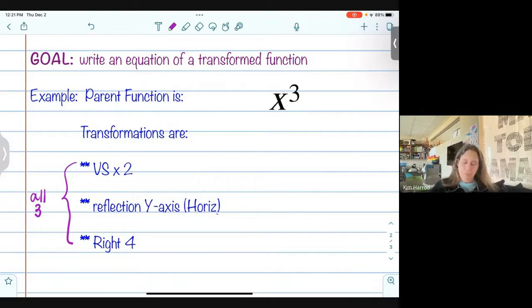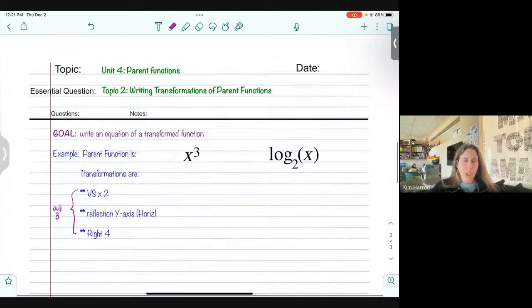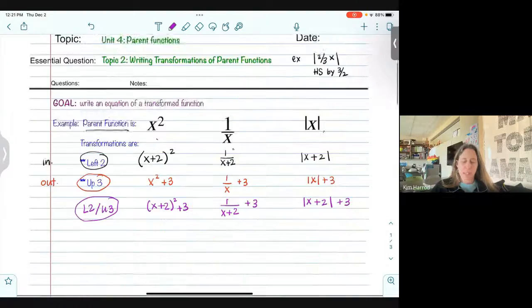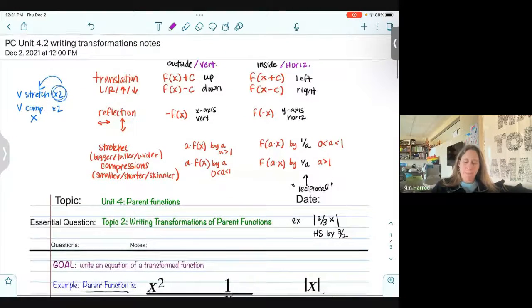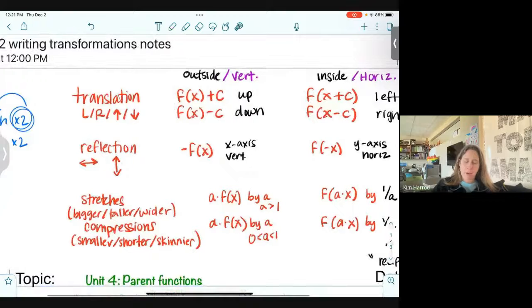Okay. So I'm going to go back a slide to check out vertical stretch by 2 and see what we said about that. Vertical stretch is right here. So we see where those 2 match up, vertical stretch by 2. That shows me I'm going to multiply in front of the equation by the number I want it to stretch by. I want it to stretch by 2.